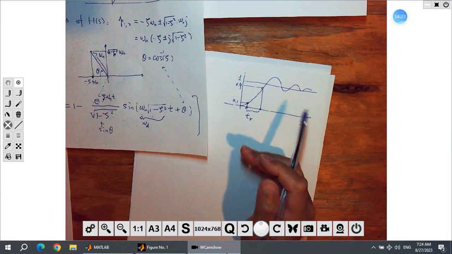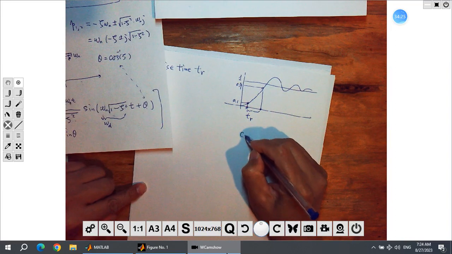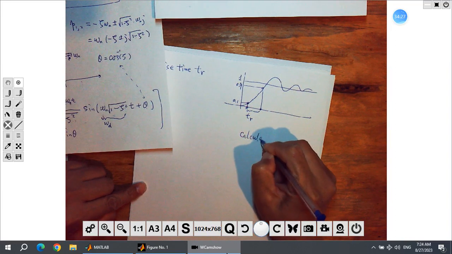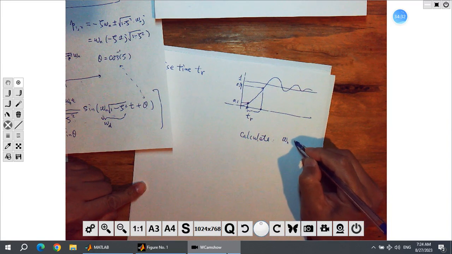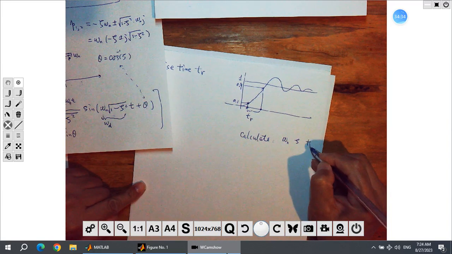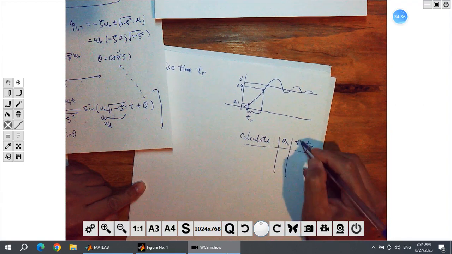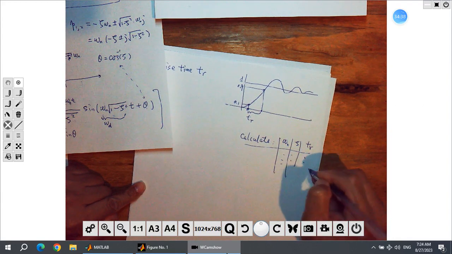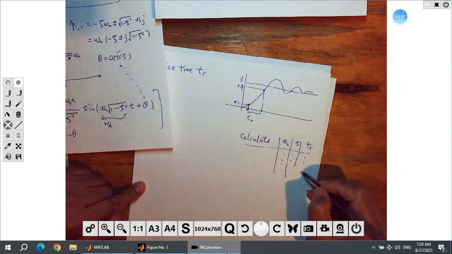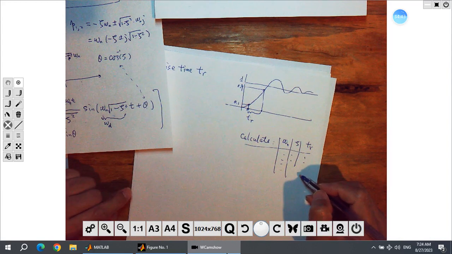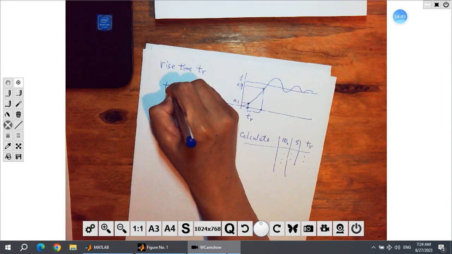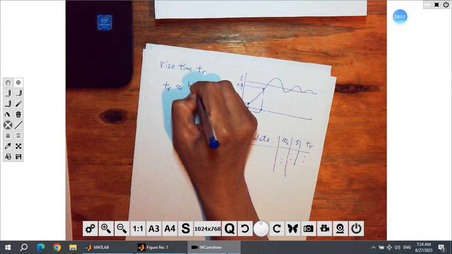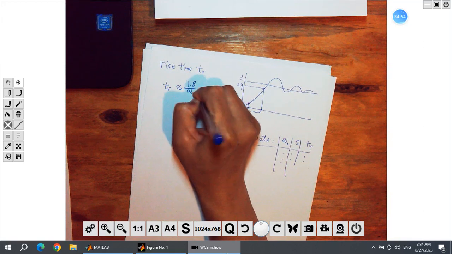You use some omega n, some zeta, and then you have TR, right? You have some values here. Then based on these values, you try to give an approximate formula. Okay, so here I just give you the formula. We have TR close to 1.8 over omega n.